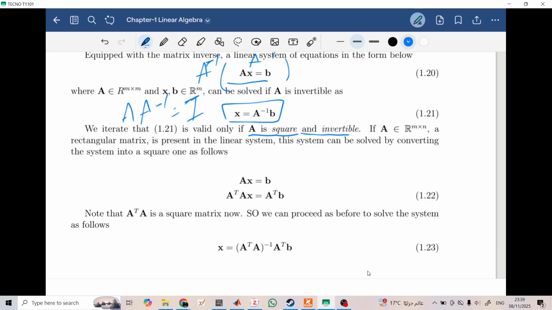You multiply it by A transpose, and you do the same thing to the right hand side, b, since it's an equation. Now this was a rectangular matrix, and now it is a square matrix. How come? So we have it's m times n multiplied by n.